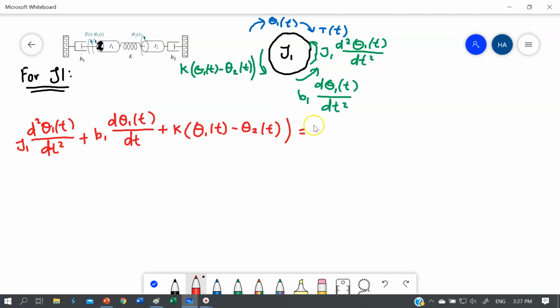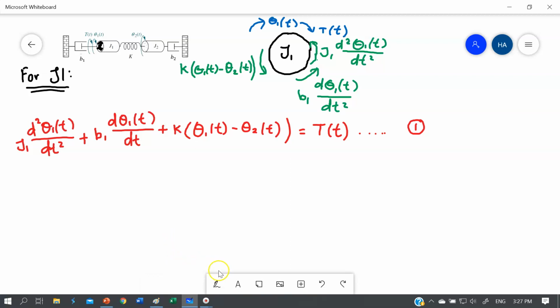This one equals the input torque. Okay. So let's call this equation number 1, which is the differential equation for the first mass.